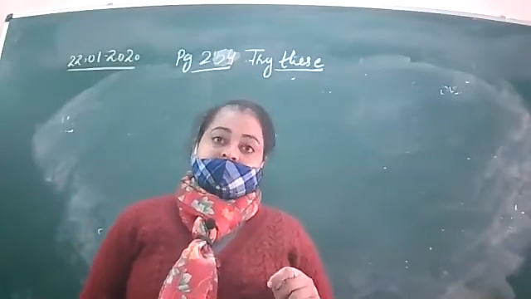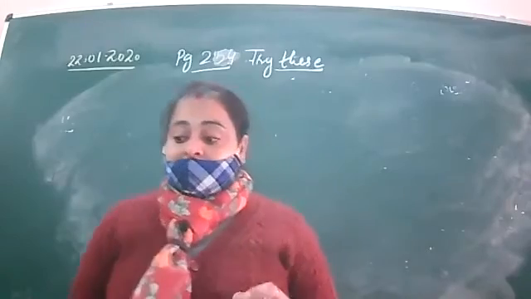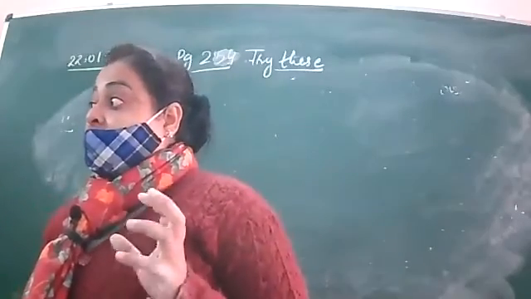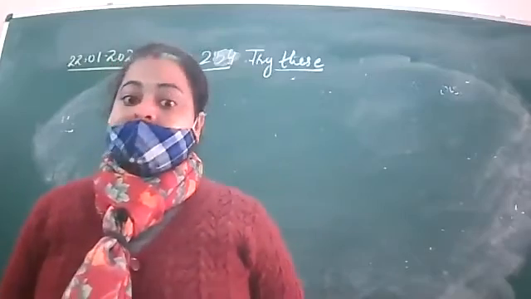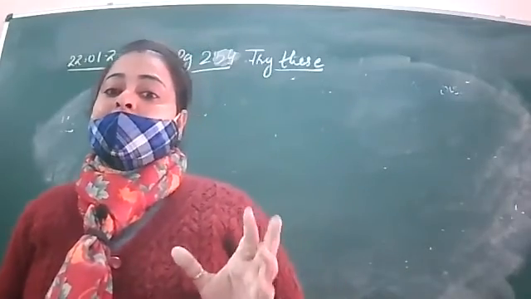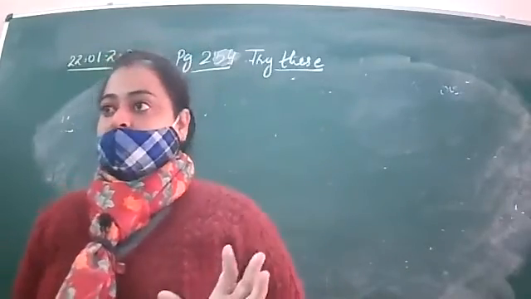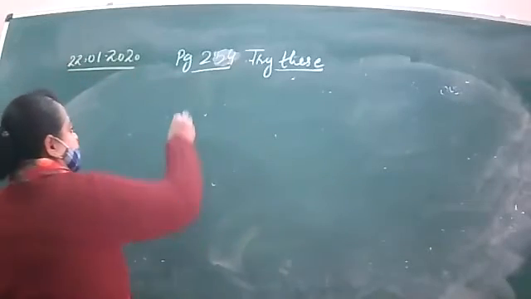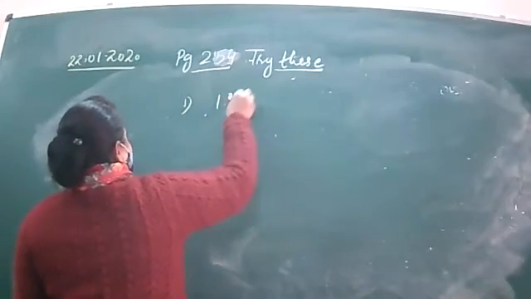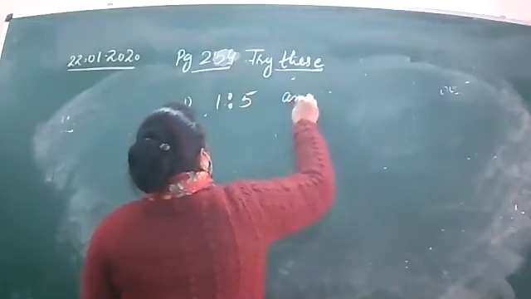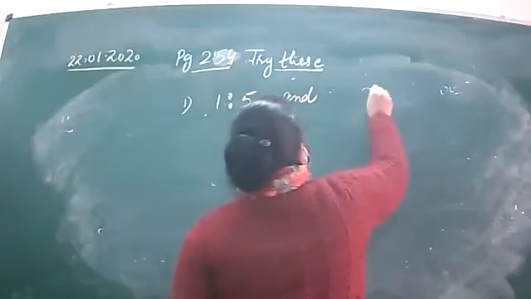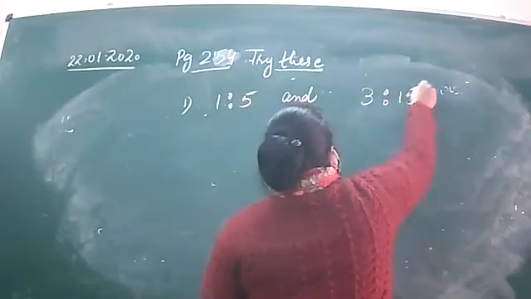If this wording is given, check whether the ratios are equal or not, it means the sum is based on proportion. Now, first part is 1:5 and 3:15.